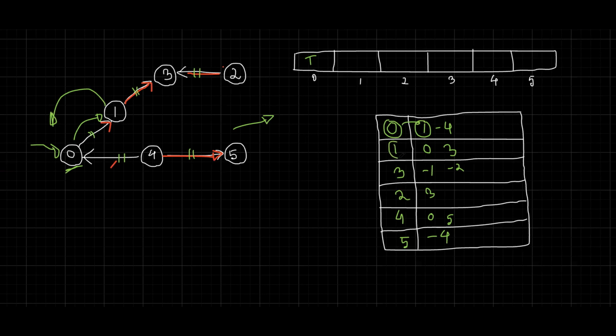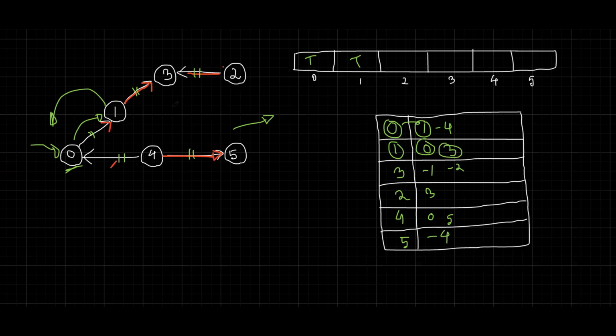Now from 1, we can go to 0. 0 is already visited. And from 1, we can go to 3. So here, this 3 is a positive value.